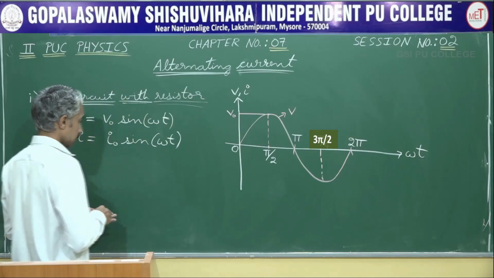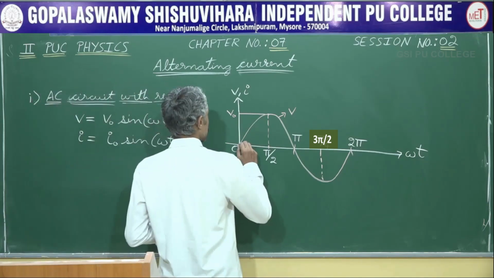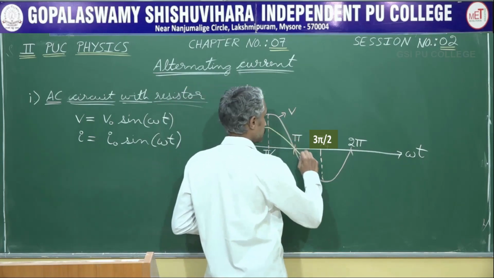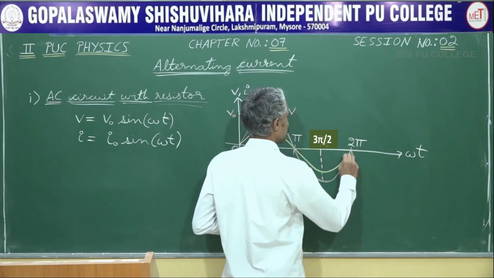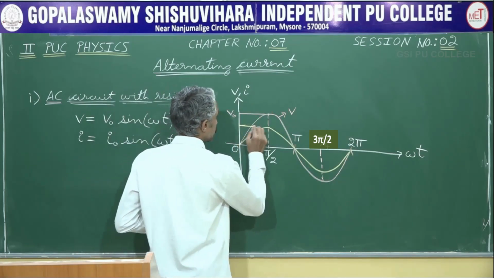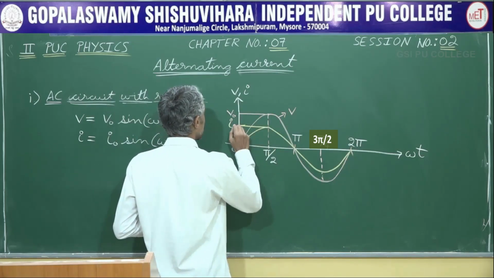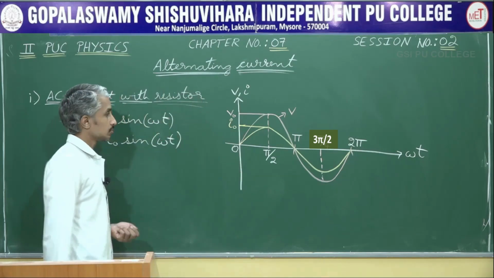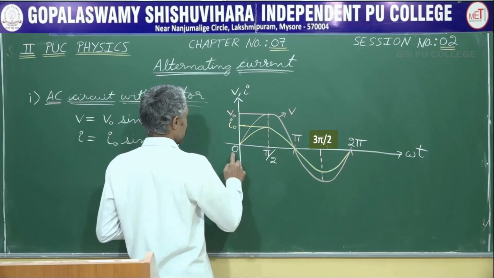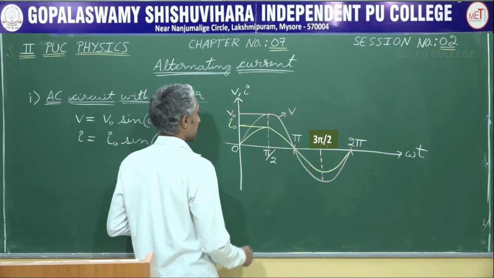What about current? Current is also the same. So, the maximum value here is I naught. As voltage increases from 0 to maximum, current also increases from 0 to maximum.